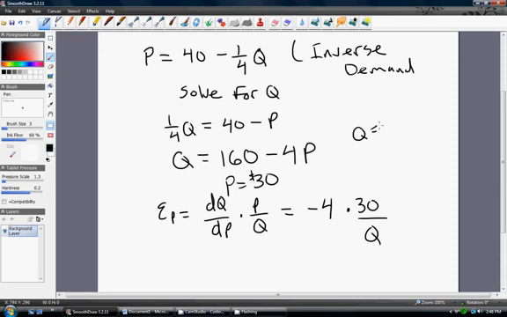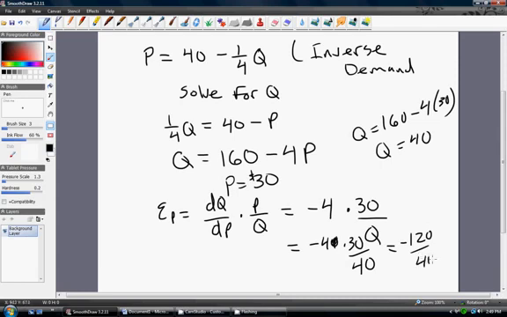So over here, 160 minus 4 times P, where P is 30, we're going to get a value of 40. So go ahead and substitute 40 in for Q. Oops, this is just 4 here, sorry. So substituting 40 in for Q, we're going to get 120 over 40, or just minus, oops, get my minus in there, minus 3.